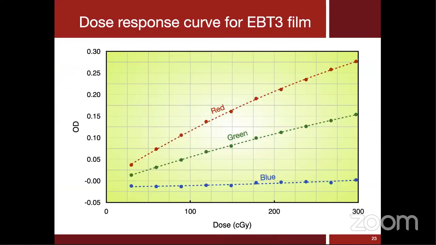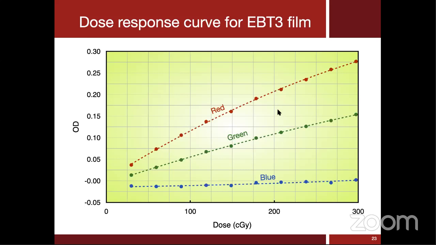So here is an example why we're using the red channel. This is the response, or the optical density, for the blue channel as a function of dose. And you see that this optical density is almost background; it's not sensitive to the dose. But the red channel, within the dose range that we're interested in, something about 2 grays, was the best of the three channels to do dosimetry.